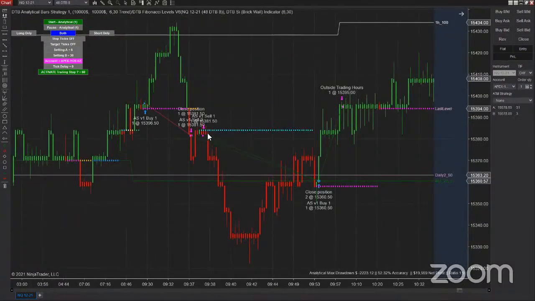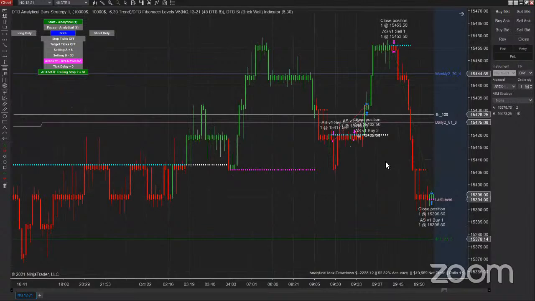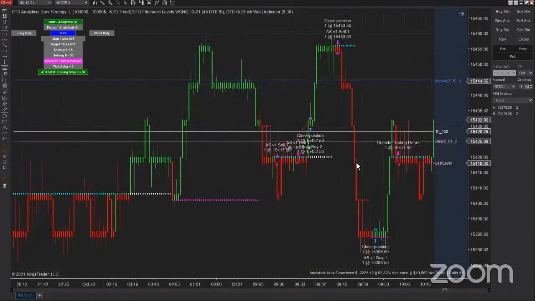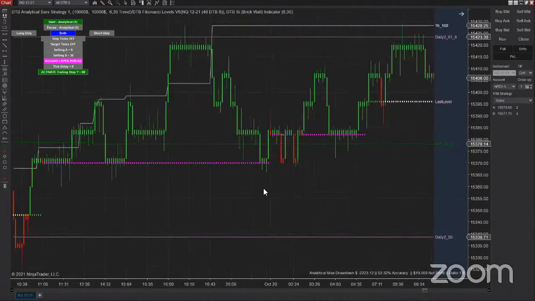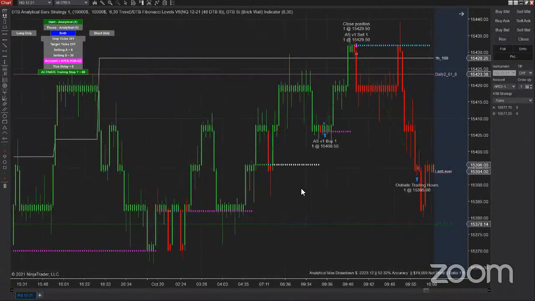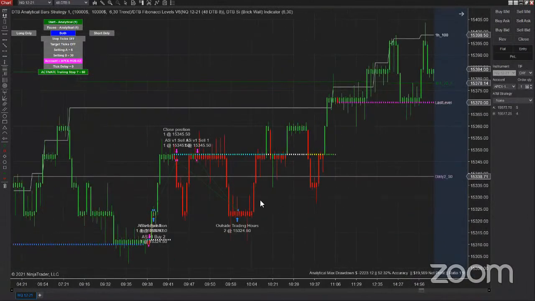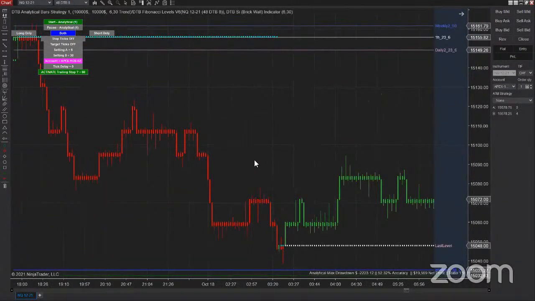Let me see if I can go back to previous days. Okay, so not too many of those type of trades. They just took off in that direction as soon as they entered. So mostly they've gone in their intended direction after they've executed.